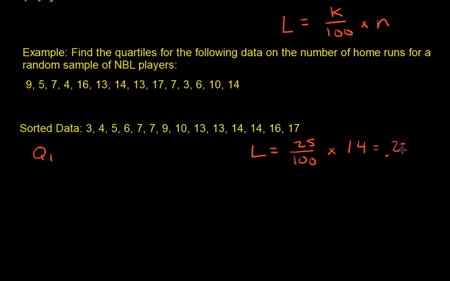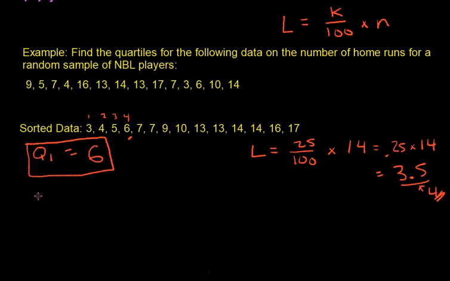So that's 0.25 times 14, which should come out to be 3.5. Remember, whenever L is a decimal, you always round up to the next number. So this means we should go to the fourth observation in the sorted data. So 1, 2, 3, 4. 6 is the fourth observation. So the first quartile is 6.